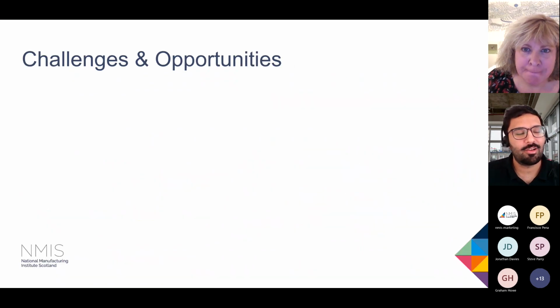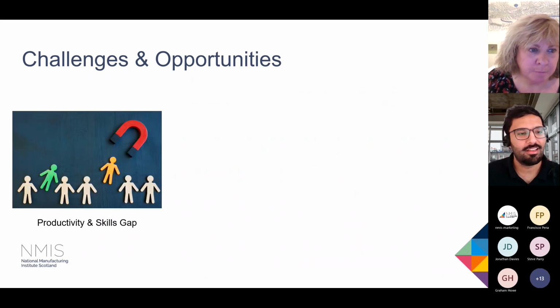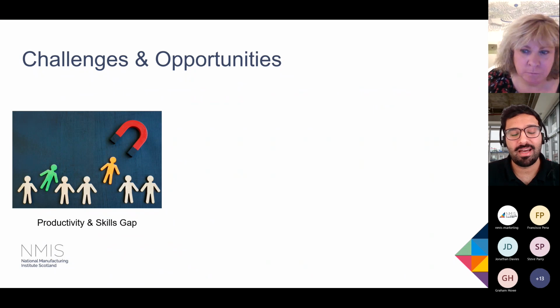To start with, let's look at some of the challenges and opportunities within the manufacturing sector. We know the manufacturing sector within the UK currently lags behind in productivity compared to the US, Germany and France. One of the leading factors of the productivity gap is investment in technologies and adoption of digital transformation to help bridge that gap.